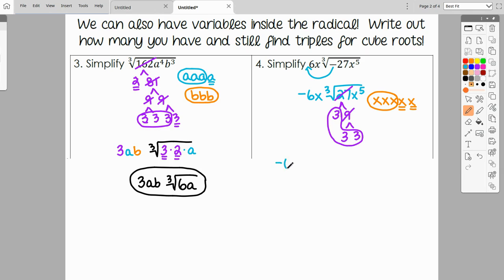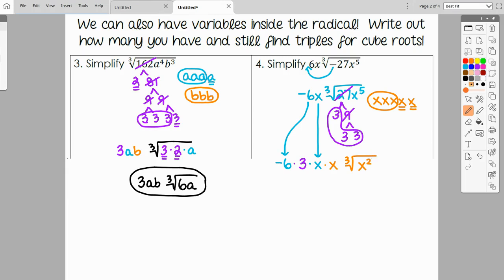Outside my radical is the negative 6 I already had, times the triple 3's I was able to take out. And don't forget I already had an x there outside. I'm bringing down the negative 6 and the x already there, and taking out the 3 I circled. I'm also taking out the triple x's I circled here. And then inside my cube root will be the 2 x's left inside.